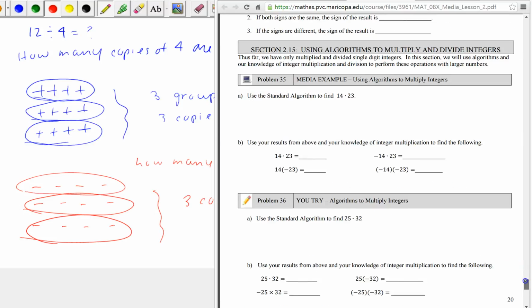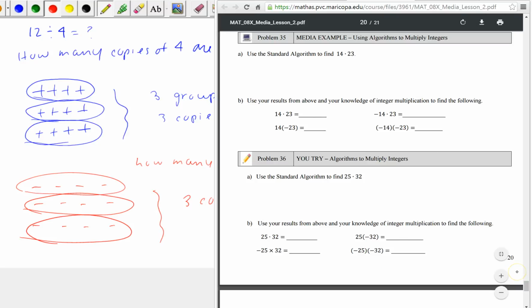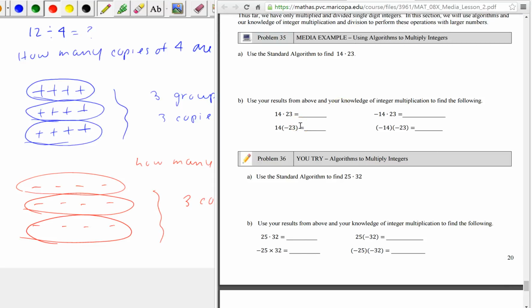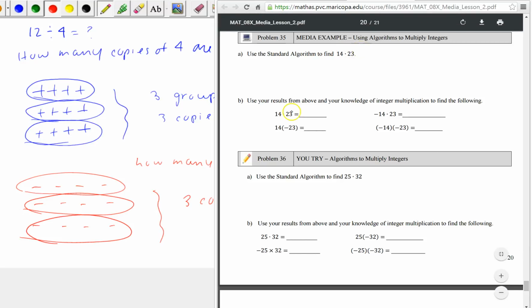Okay, and one last type of problem here. Just like we did with addition and subtraction, we'll have them multiply and divide larger numbers and then recognize the pattern. So when they look at these, they should think, well, I need to multiply 14 times 23. In these two cases, my answers are positive.